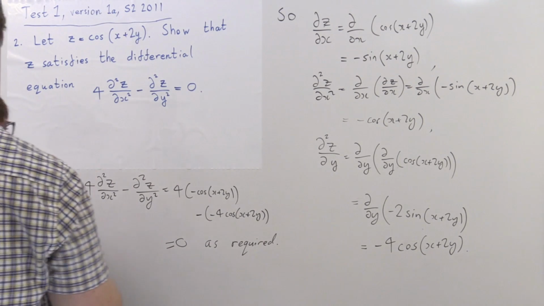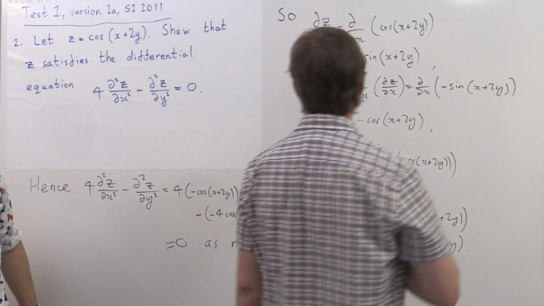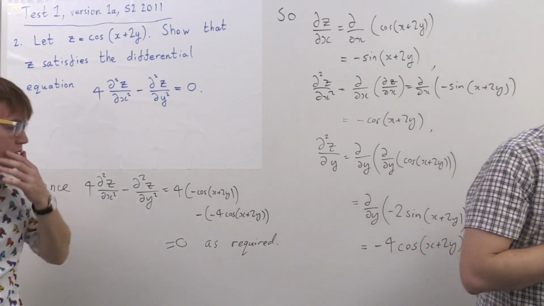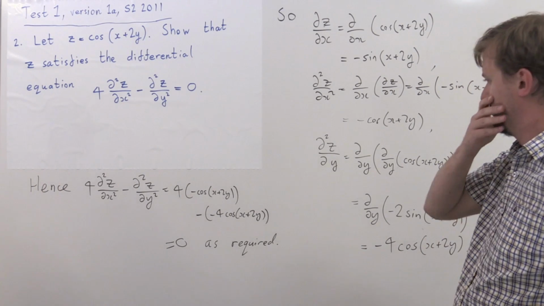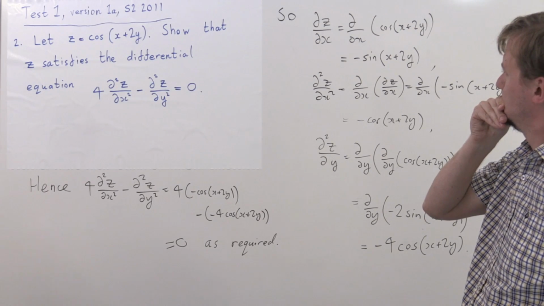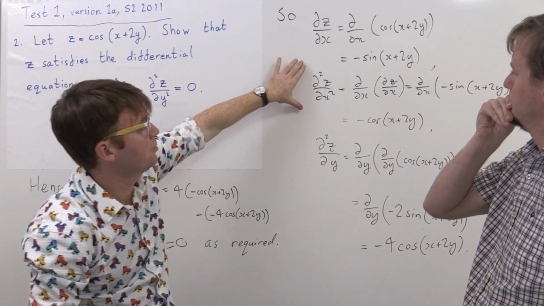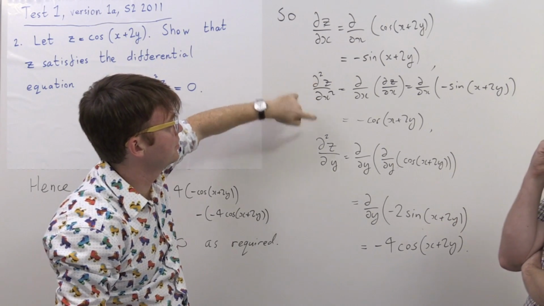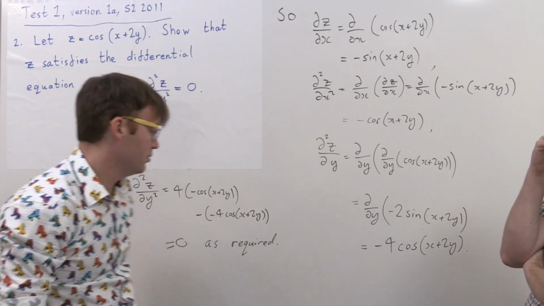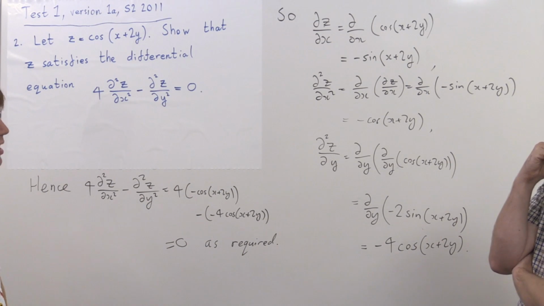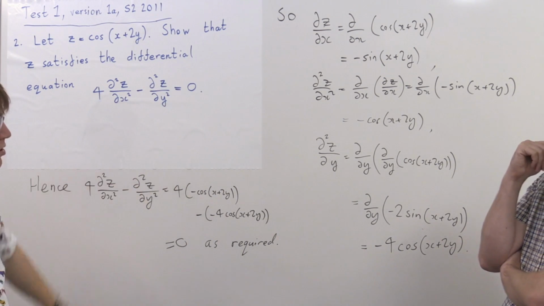Maybe we could talk about how you would mark such a thing. This is a 2-mark question. I believe it's a 2-mark question. Yeah. How would you go about this? I'm thinking this is worth 1 mark here for these two, just being able to calculate the derivatives without actually putting it into this equation at the end.